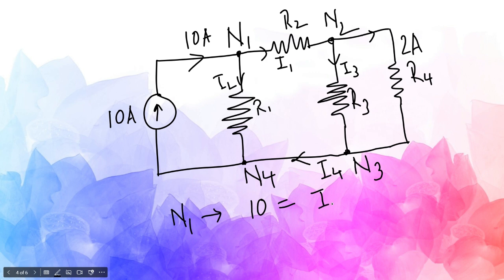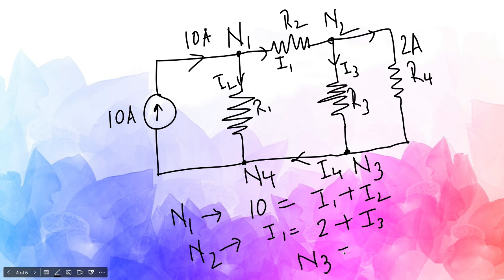From node 1 we can create this equation: 10 equal to I1 plus I2. From node 2 we can create the equation I1 equal to 2 plus I3. From node 3 we can create the equation 2 plus I3 equal to I4.